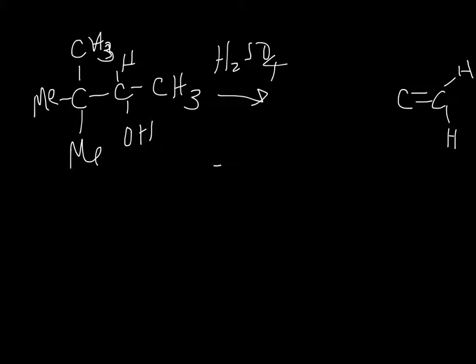Of course, the alcohol is gone. So the ground zero carbon would still have this hydrogen and all of this. That's one of the reasons why I wanted to do Me for methyls, because trying to redraw all that, it's a pain. And so it's going to have a C with 3 methyls hanging off of it. Okay, that's what you would expect.